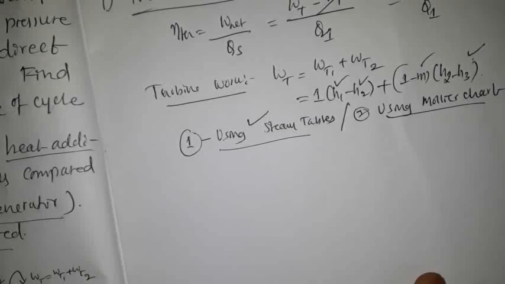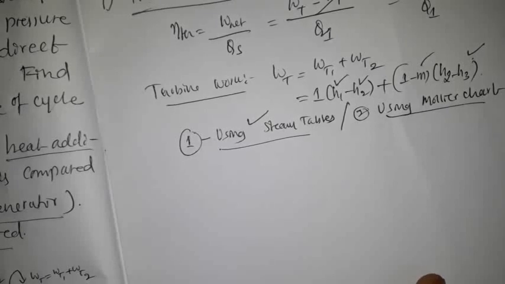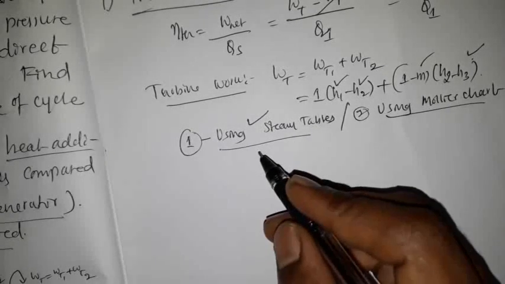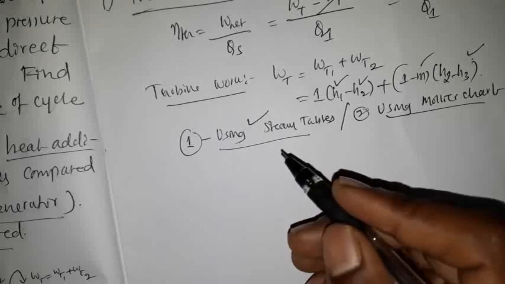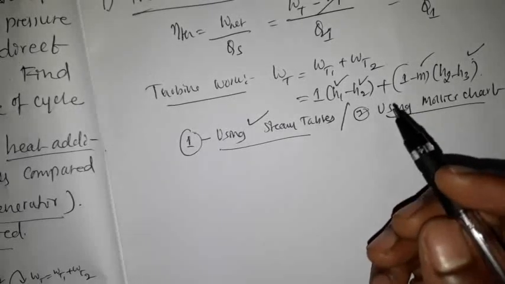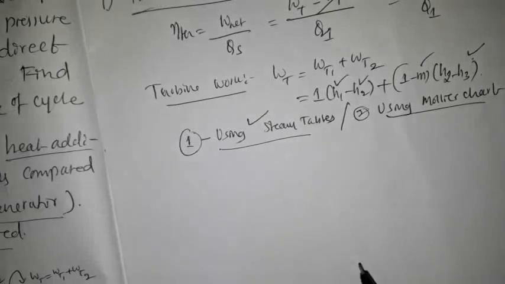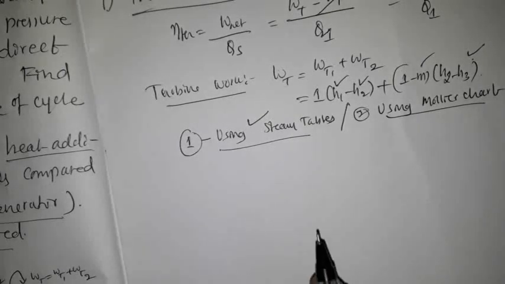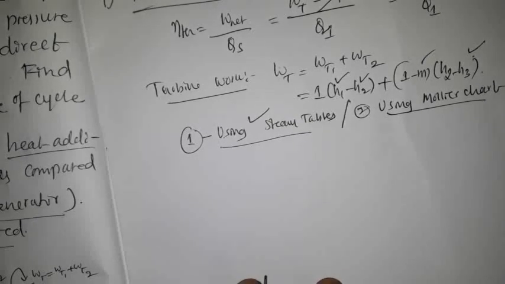So for calculation of these values, let's refer to the steam table and note down the properties of steam at P1 pressure, P2 pressure as well as P3 pressure.